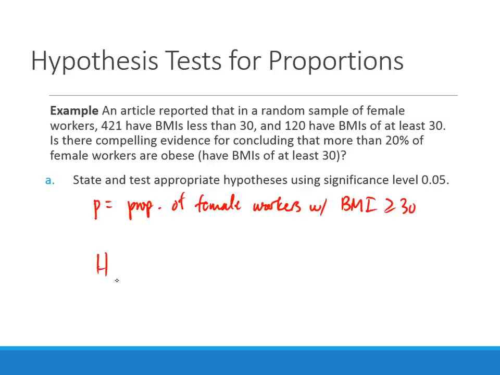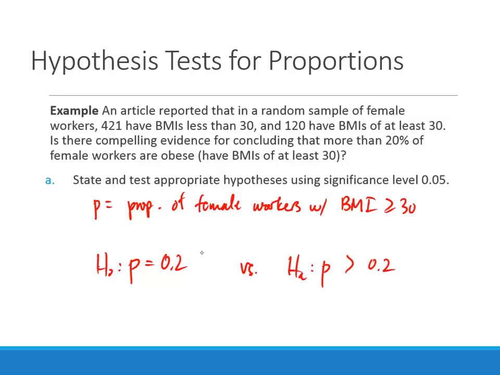So my hypotheses that I want to test, again, are going to involve this parameter p. So what's my alternative? I want to know, is there compelling evidence that more than 20% of female workers are obese? So what's my alternative going to be? Greater than 0.2. So I want to see if this proportion is bigger than 0.2. And again, in the null, I will just put an equal sign.